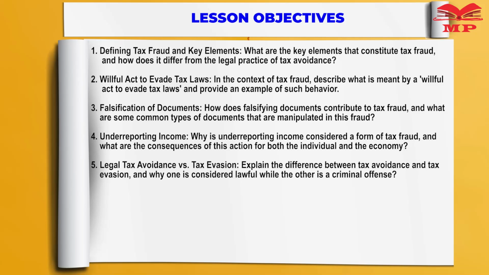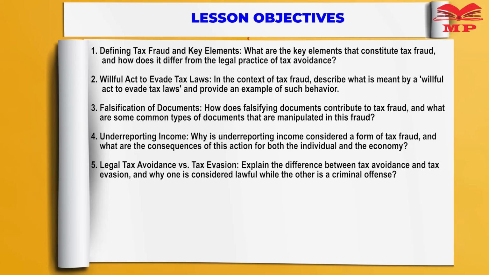Number 3. What are the legal repercussions for individuals or corporations found guilty of committing tax fraud? Number 4. Identify any recent high-profile tax fraud cases and discuss the methods used to perpetrate the fraud.